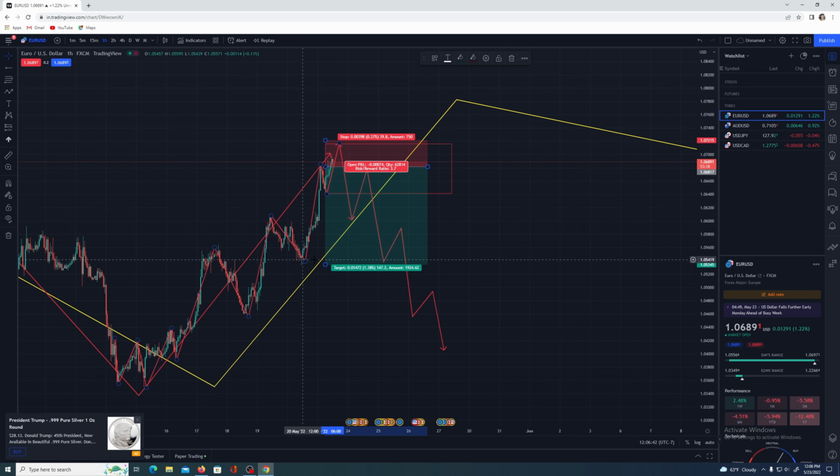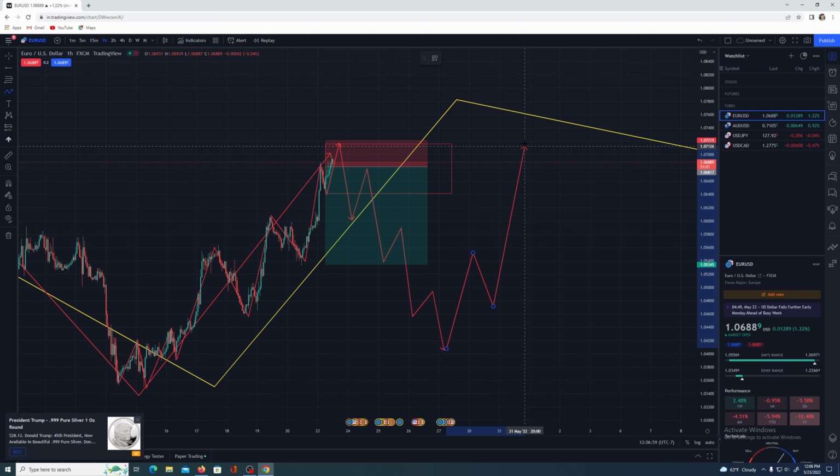Why? Because price can easily come deeper over here, break structure to the upside and continue higher, then break structure and continue lower, right?